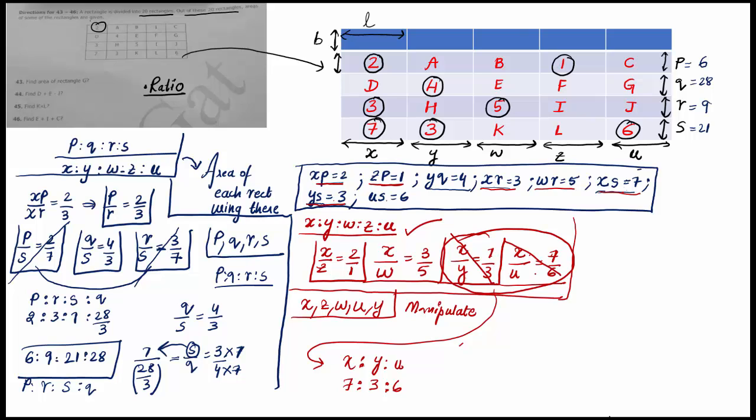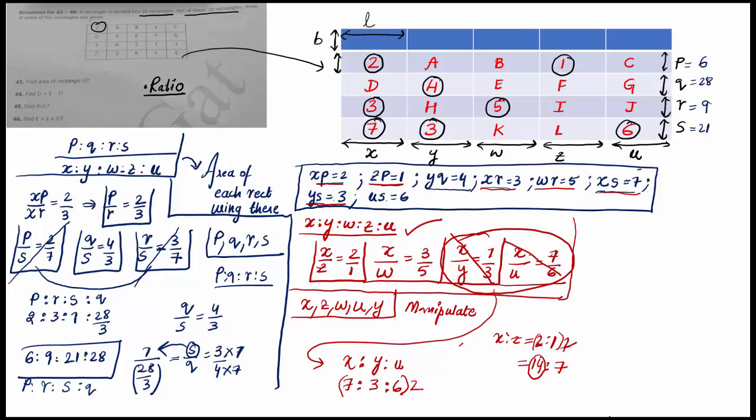Now we have x is to z. X is to z is 2 is to 1, right? And this one I need x to be 7, but it's difficult for me to bring 7 here, so I'll just multiply by 2 on both the sides. So I'll get 14 is to 7, right? So if x is 14 here, this ratio should also be 14, right?